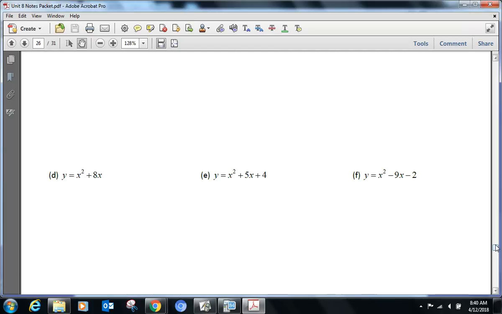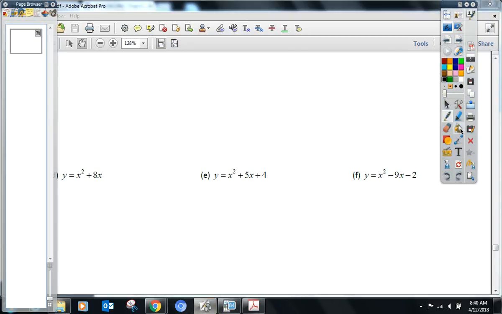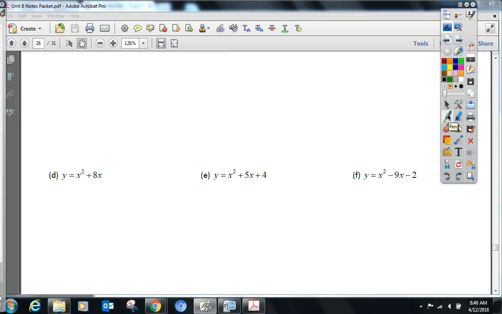All right. Anything you want me to touch upon before we go, Caitlin? E. All right. So move the 4 over. Get the C value over. Well, first I should have checked A value 1. Okay. So move the C value over. What is your B value? 5, right? Divided by 2.